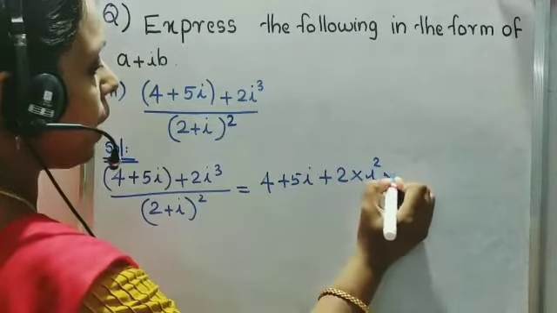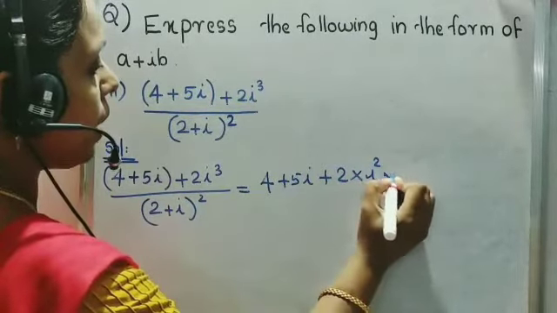We can write it in the (a + b)² form. Here (2 + i)² is equal to 2², that is 4, plus 2ab, that is 2 into i, plus i².